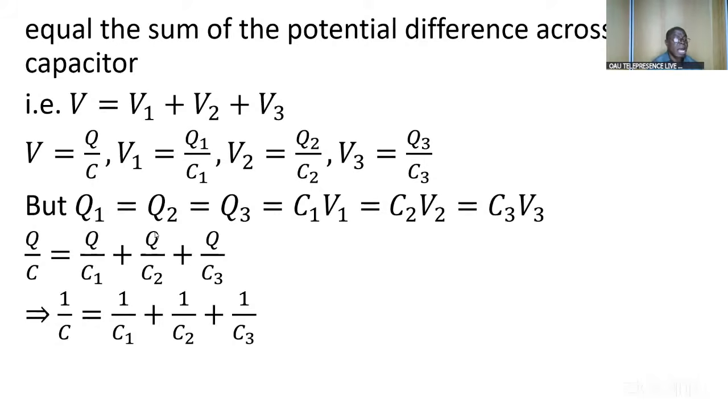So I can say Q1 is equal to Q2 is equal to Q3 is equal to Q. So you can finally say that when you have capacitors connected in series, the reciprocal of the equivalent capacitance is equal to the sum of the reciprocals of each of the capacitors.